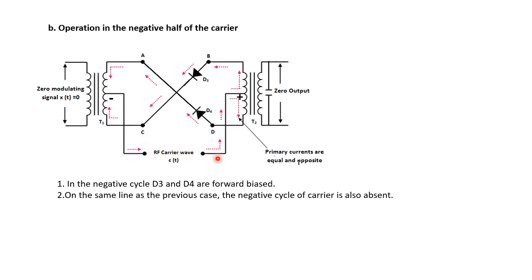The pure carrier wave is absent, therefore this is the case of suppressed carrier. Since we are going to generate double sideband suppressed carrier, we are able to generate an output voltage in which the carrier in its pure form will be absent.